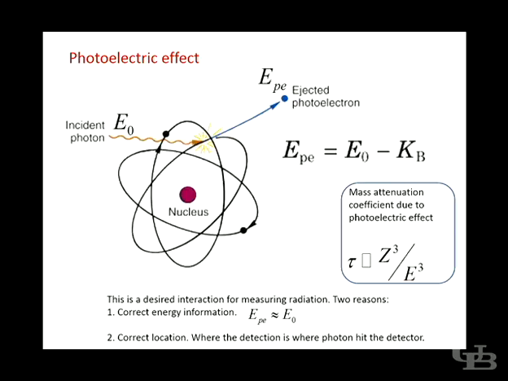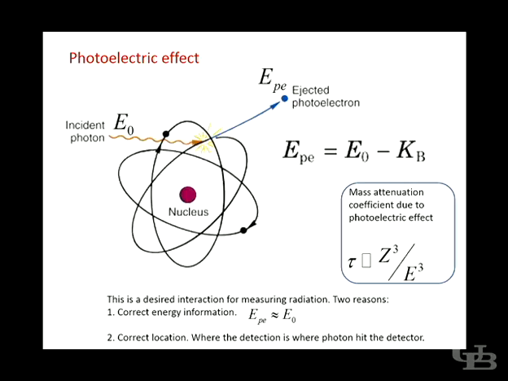This energy can be converted to a signal and let you know what energy the photon has. So your detector will have good information on the energy of the photon. In terms of detection, that's a good event. You get good information.